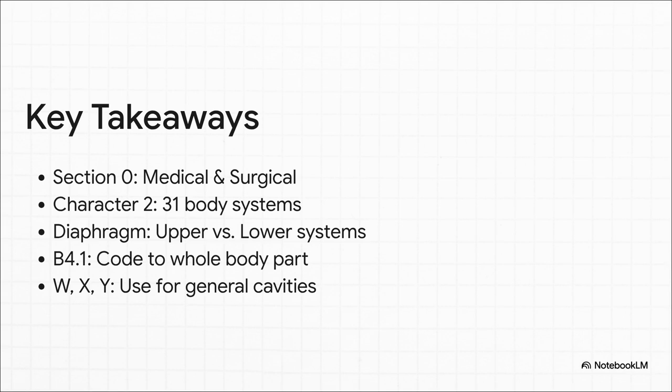Second, remember that Character 2 divides the body into 31 distinct physiological systems. Third, the diaphragm is your absolute transverse dividing line for upper versus lower systems. Fourth, always apply Guideline B4.1 to code to the whole body part if a specific portion value doesn't exist. And finally, reserve W, X, and Y strictly for general cavities or broadly documented regions.